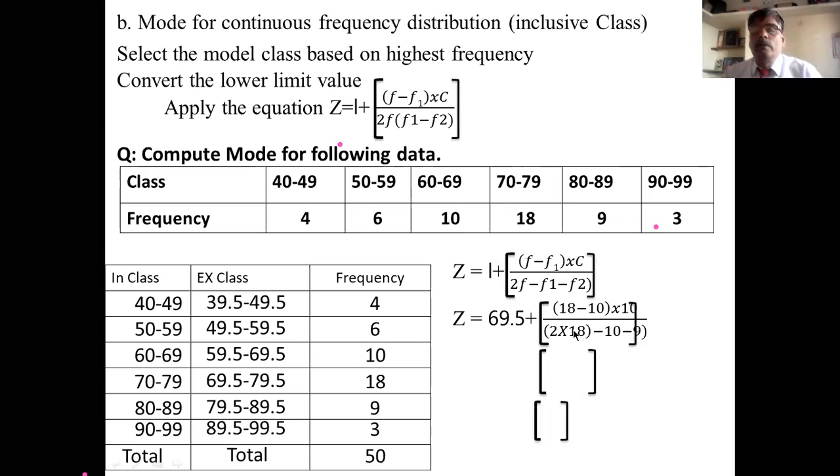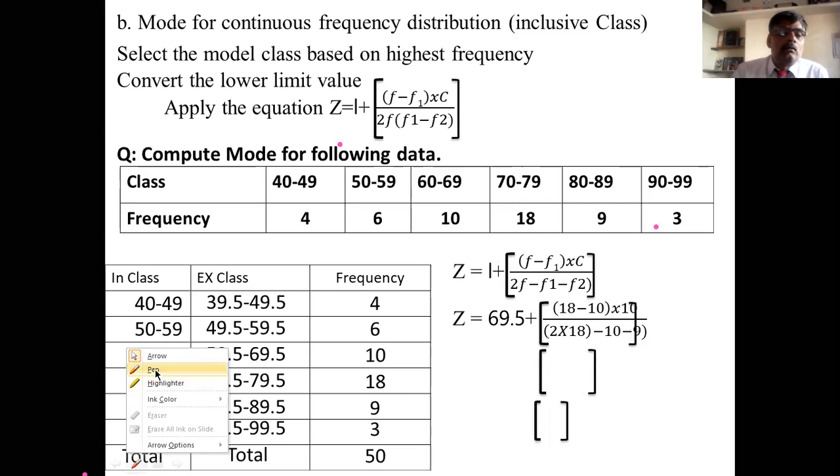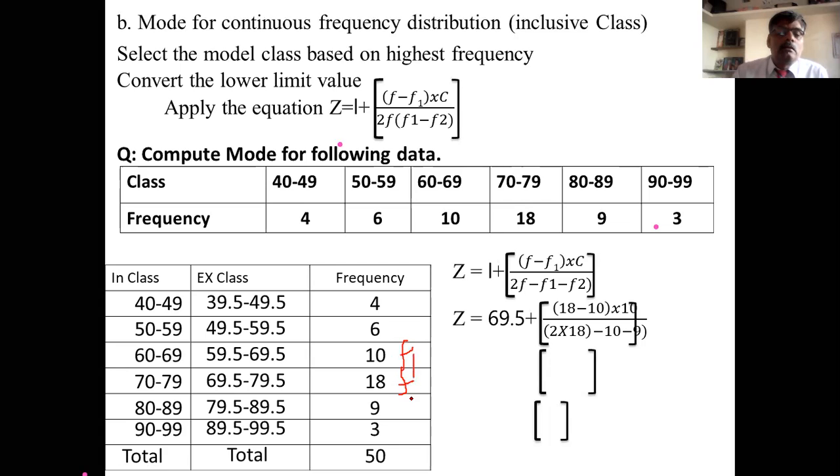If you fill the values, 69.5 is the lower limit, 18 is the F value, F1 is 10, and 9 is F2. With the pen, you can mark this is F, this is F1, and this is F2. Like this, you can mark and fill the values.